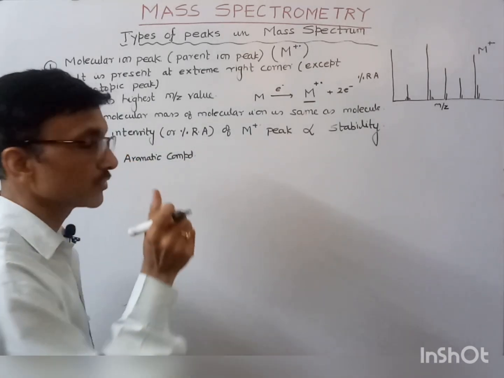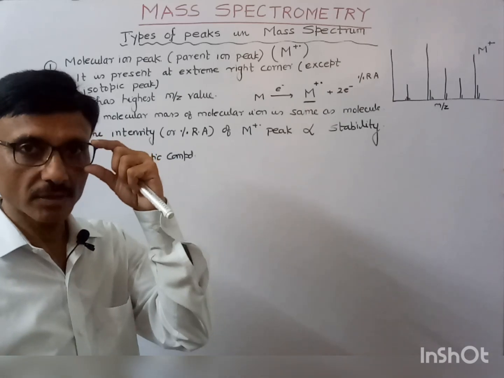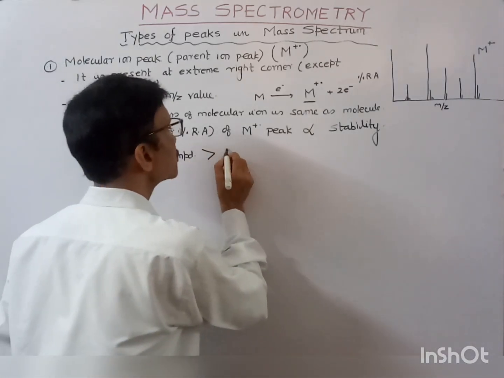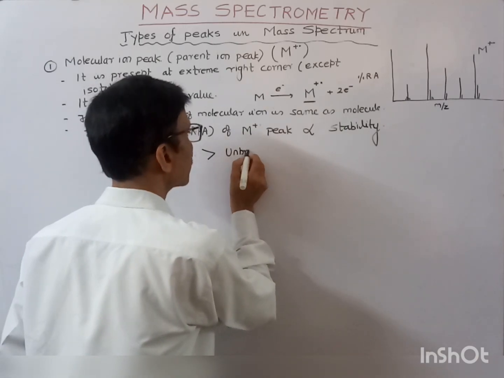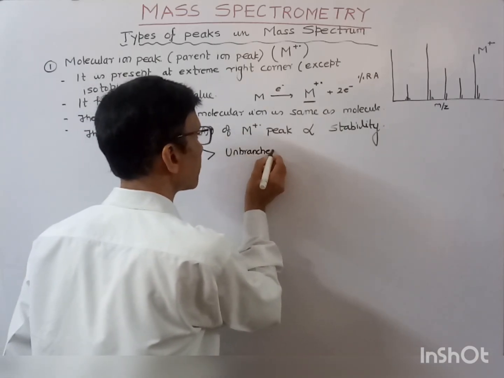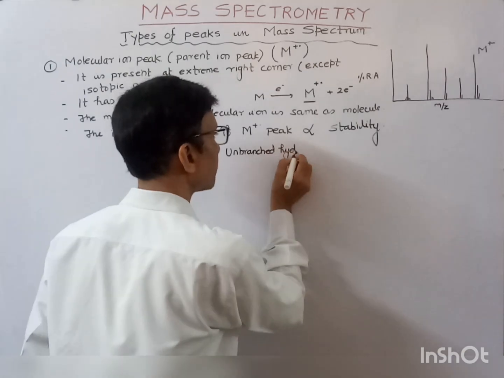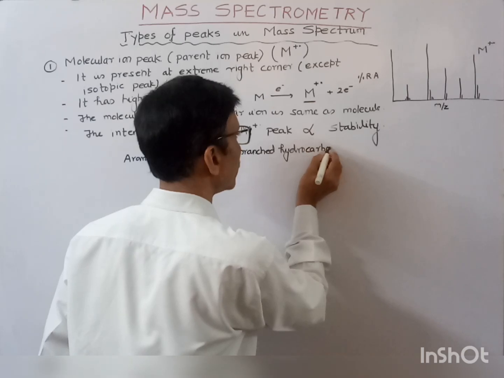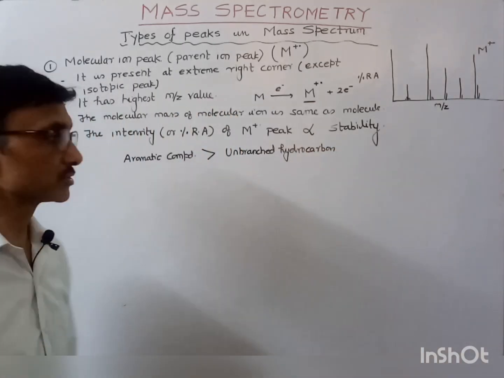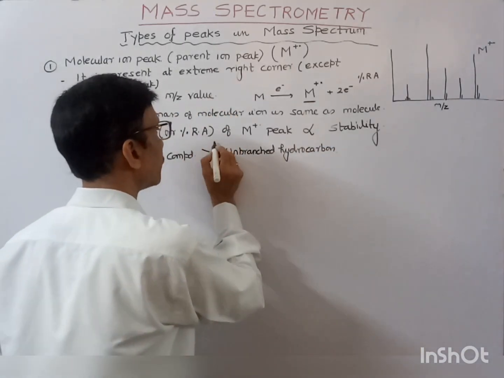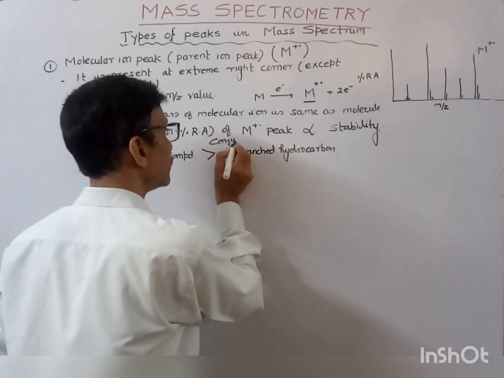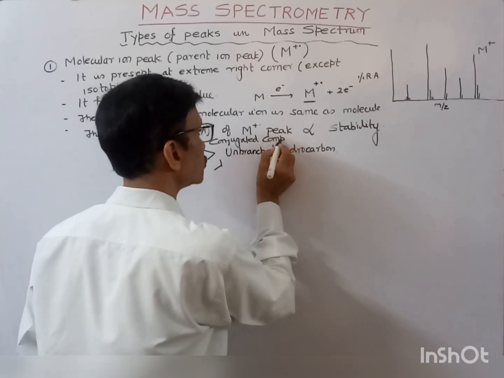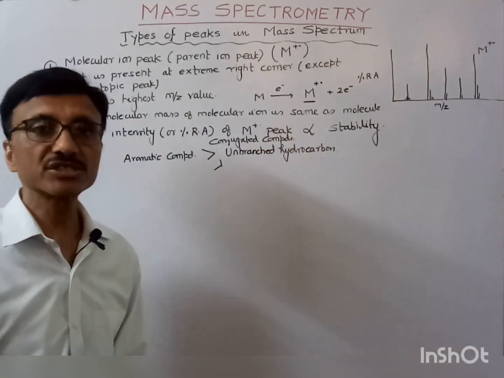Similarly, some other stable compounds are aromatic compounds and some unbranched hydrocarbons. Then we may have conjugated compounds, because conjugated compounds are also resonance stabilized.